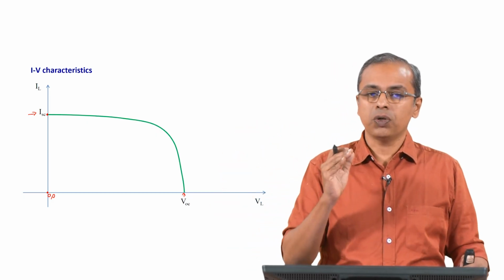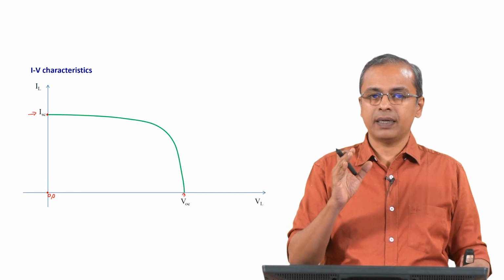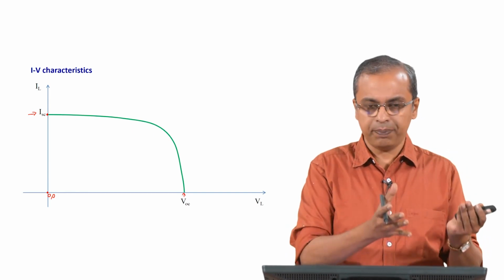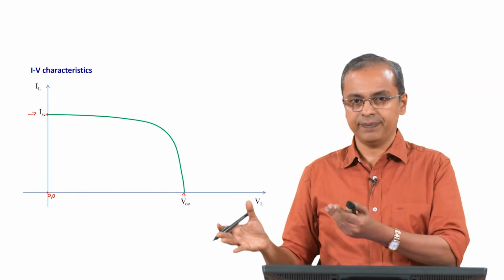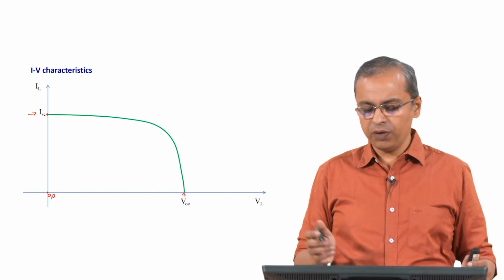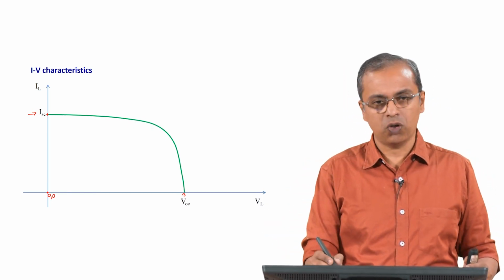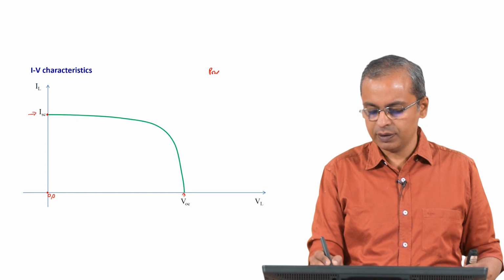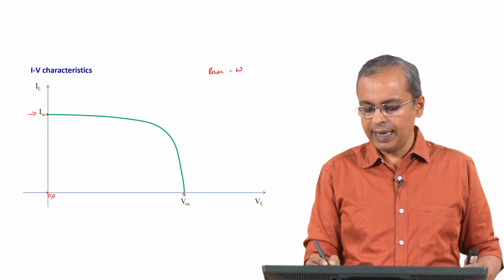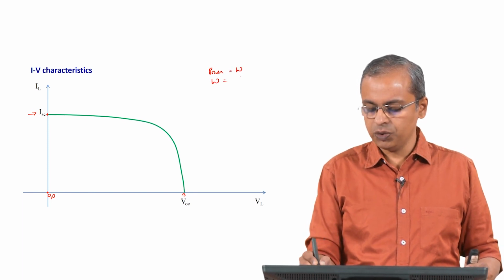Now, you should also keep in mind that any time you are trying to use some power supply to get something done, power is given to us in watts, and watts is simply joules per second.